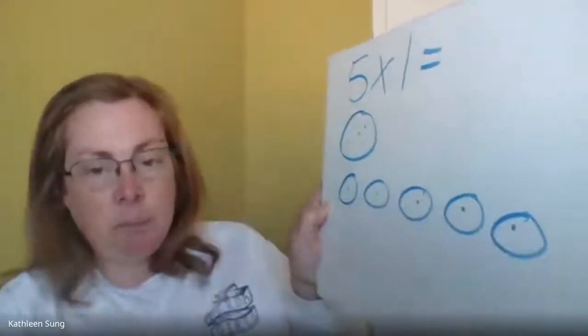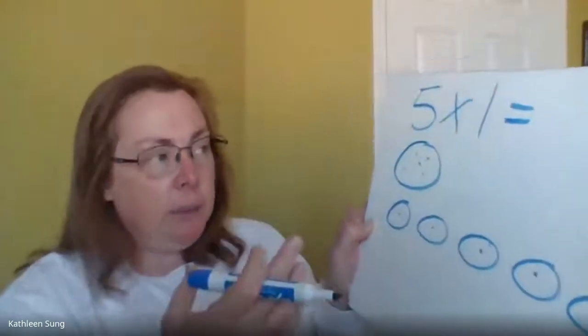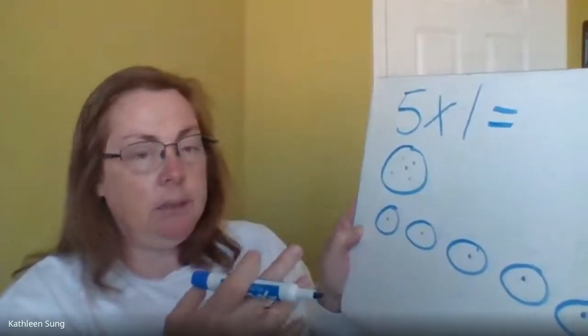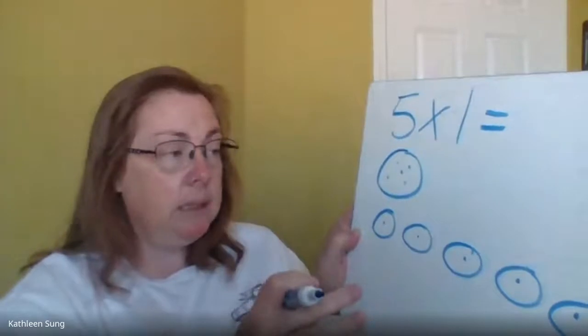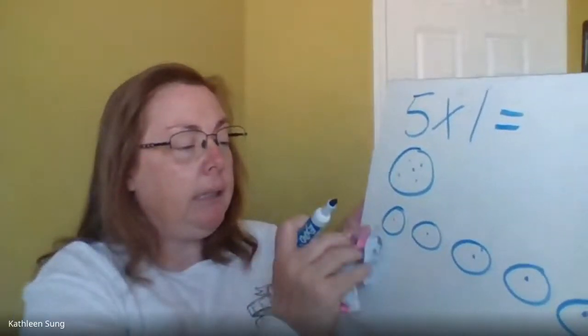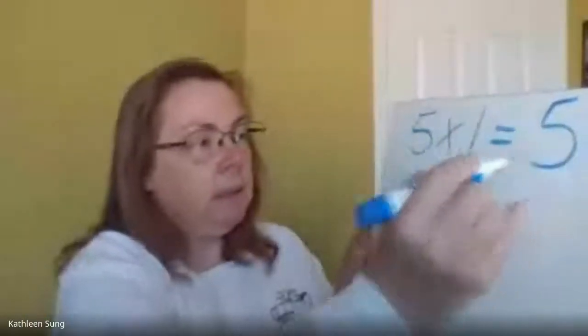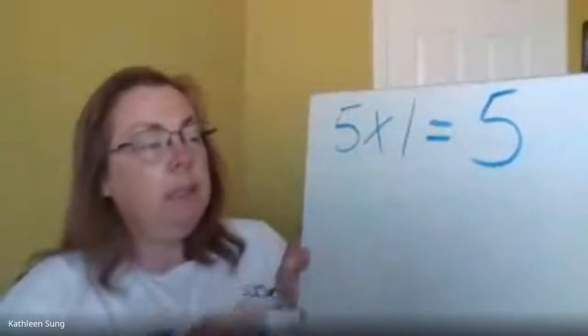This is what I'm talking about, efficiency. Okay, I'm having to draw more and more stuff out. So it's way easier, way more efficient for you if we memorize the times tables, okay? So I can either have 5 times 1, or I can have 1 times 5. Either way, my answer is 5.